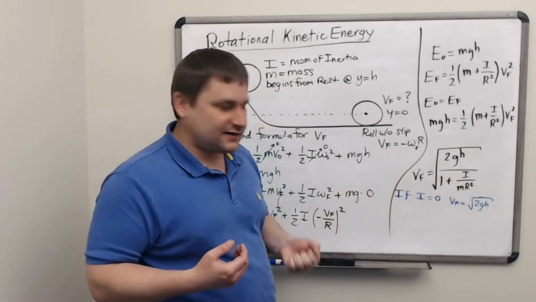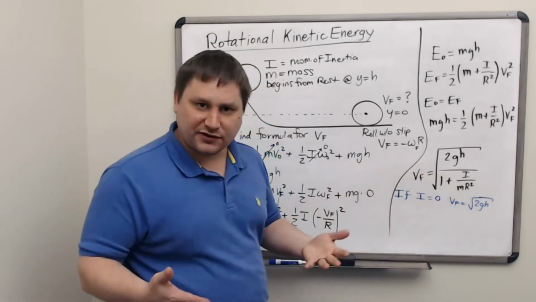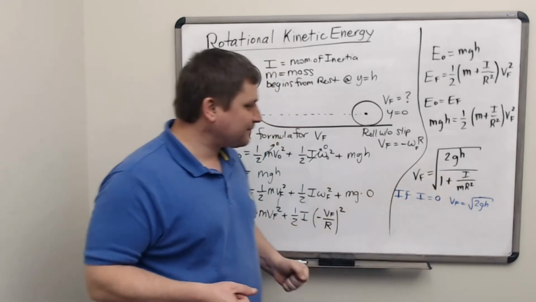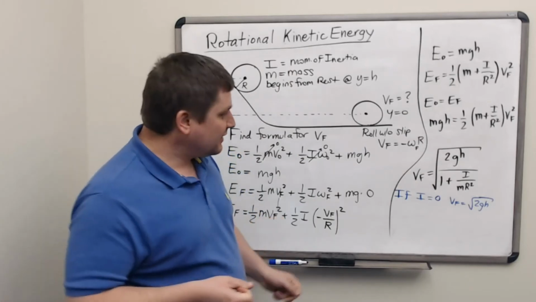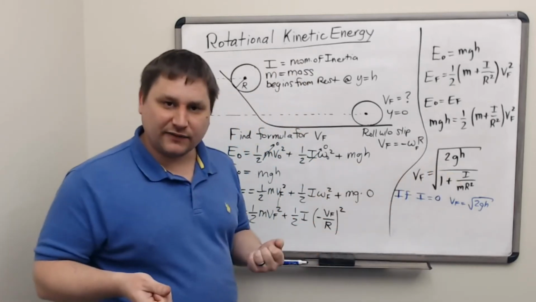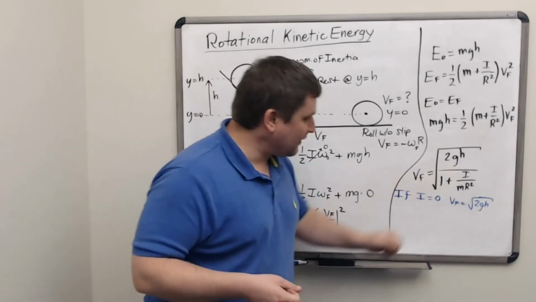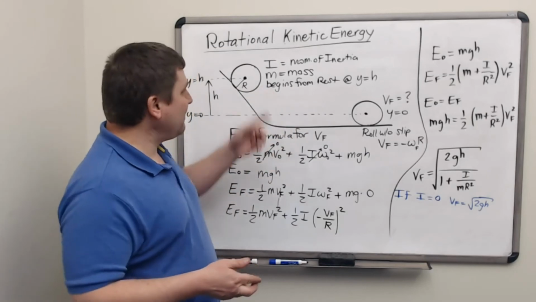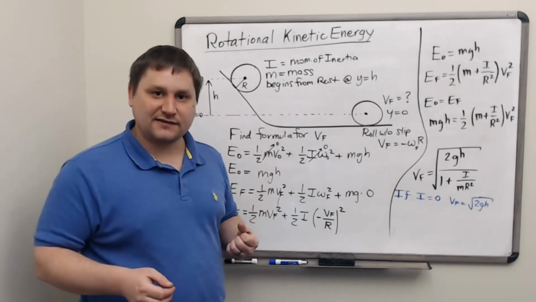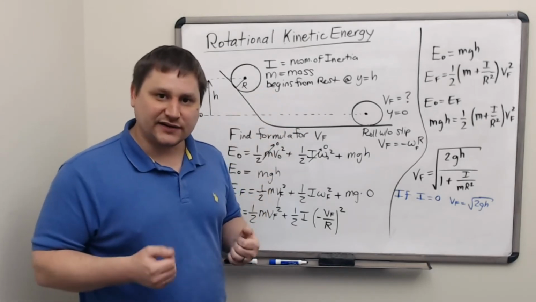In any case, the moment of inertia will be proportional to the mass, so the mass will be canceled. It also does not depend on the radius of the object. The moment of inertia will depend on the radius of the object squared, so that cancels out. So the only thing this final velocity depends on for the object is its distribution of mass. What shape is it actually?